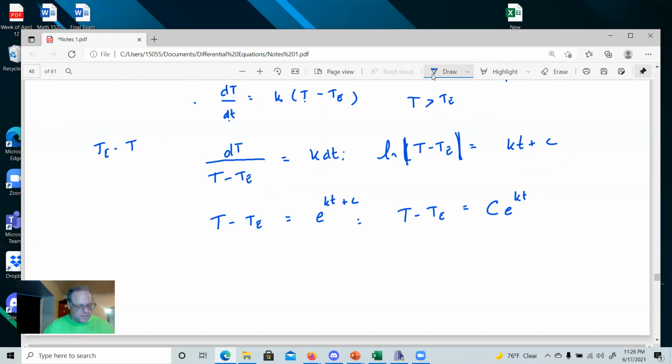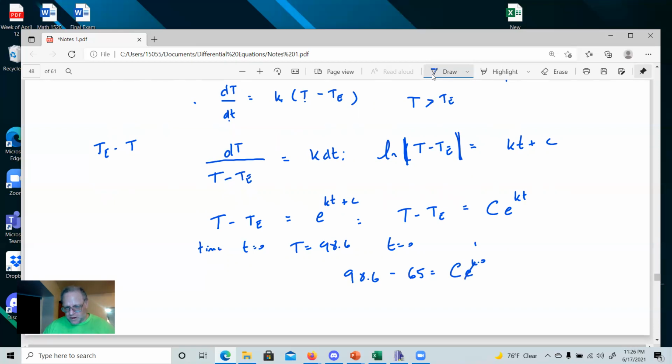We have some initial conditions. What happened at time of death? At time t equals 0, the temperature was equal to 98.6, wasn't it? So what we're going to have is 98.6 minus, what did they say, 65 degrees is equal to C e to the k times 0.